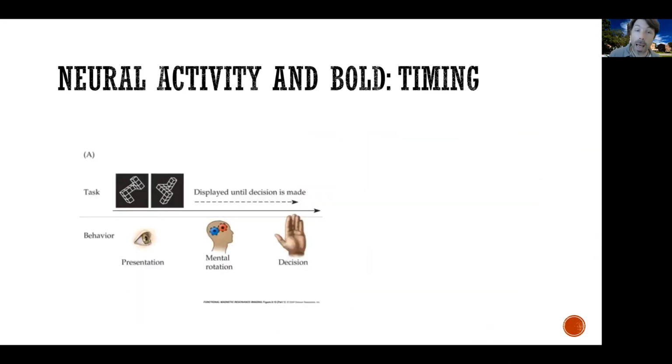With respect to timing, we can also look at whether the timing of mental events matches or is somehow reflected in the timing of the BOLD response. To do this, a classic experiment is to use the mental rotation paradigm.